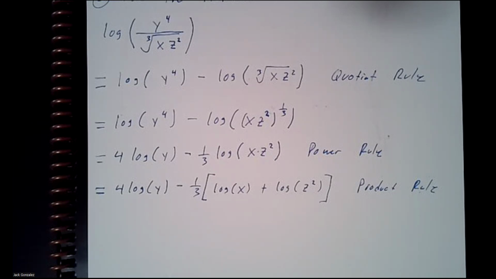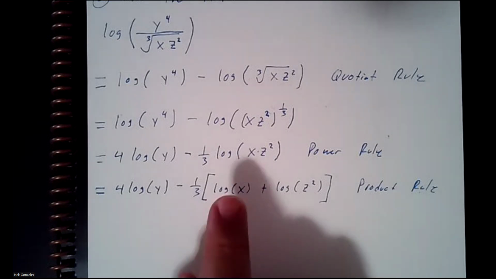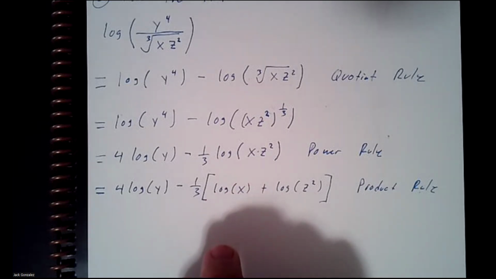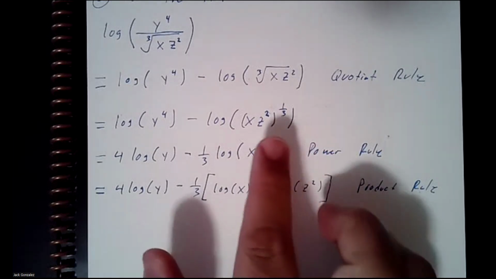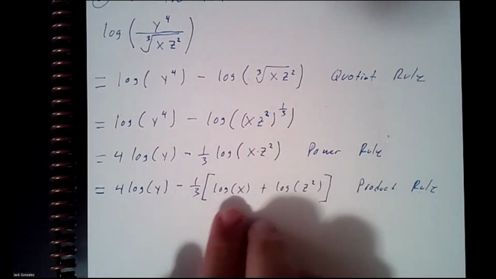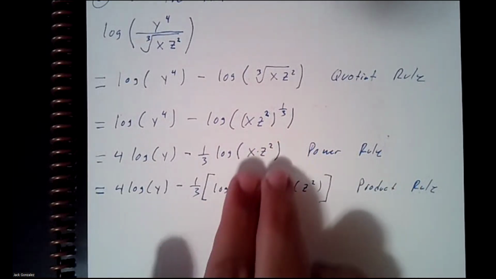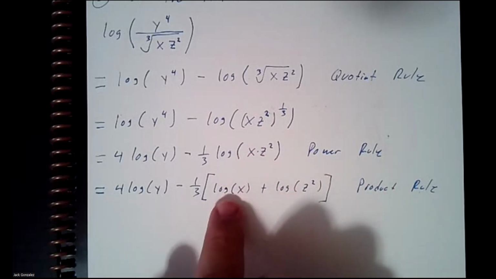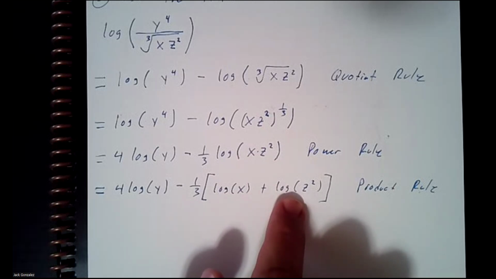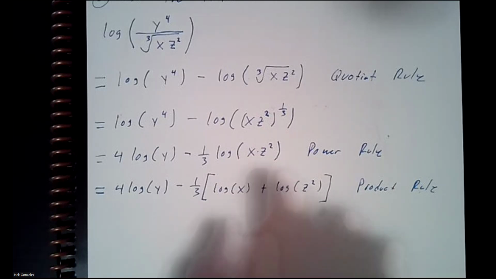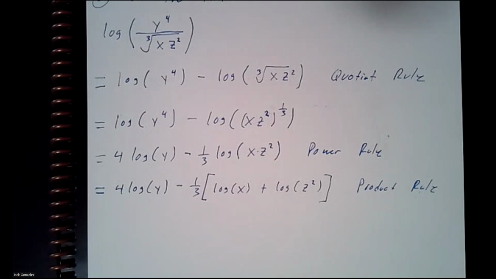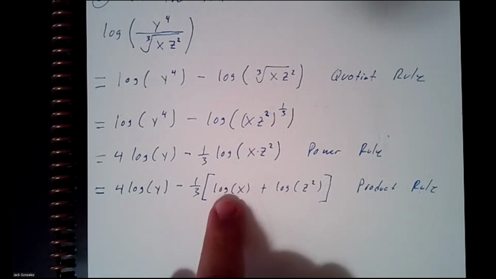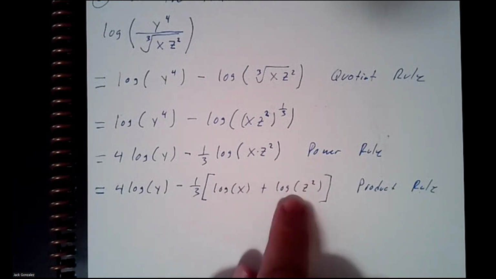All right. The one we just did from here to here is a product because we changed the product of x and z squared into a sum. So there's nothing else I can do to the log x. What can I do to the log z squared?